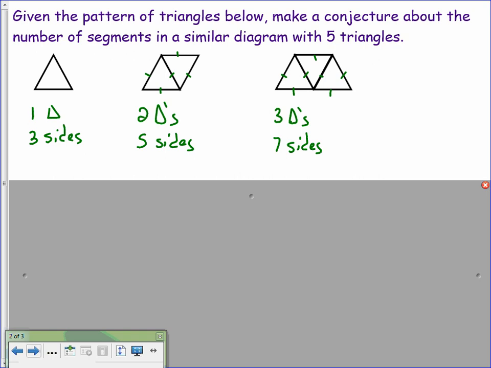And you may see for each additional triangle, we add 2 sides. So 4 triangles would be 9 sides, and then 5 triangles would be 11 sides. So our conjecture would be, for the diagram with 5 triangles, we would expect there to be 11 segments or 11 sides.